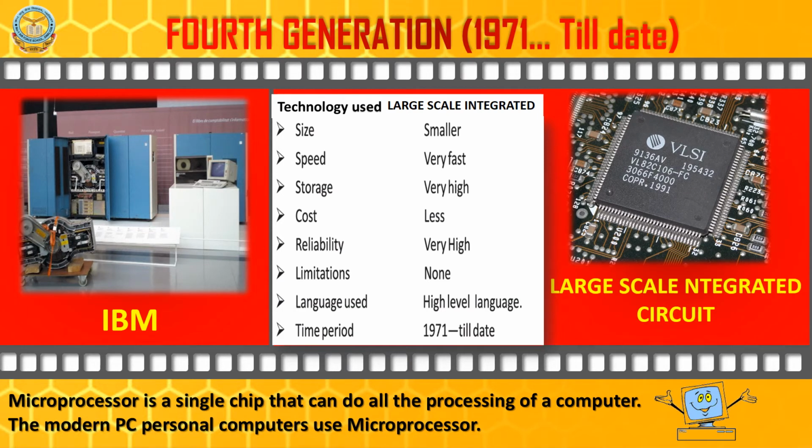Fourth generation computers. The microprocessor was developed in this generation. The development of large-scale integration circuits (LSI) and very large-scale integration circuits (VLSI) made it possible to put many integrated circuits together on a single chip called the microprocessor, as you can see in the picture.